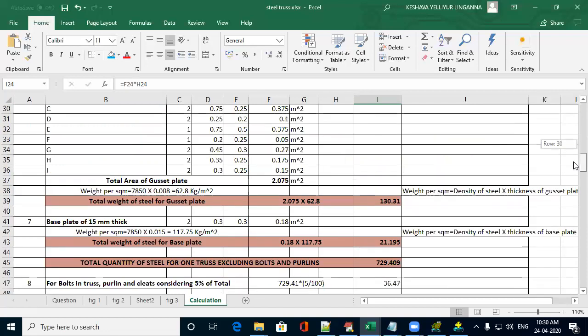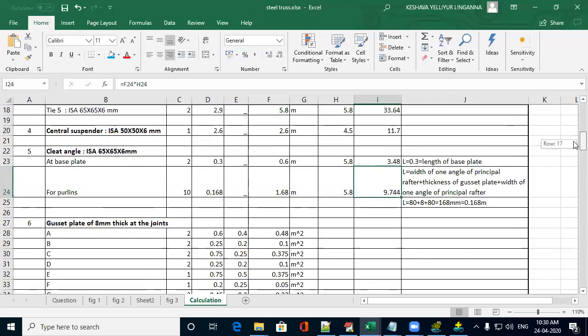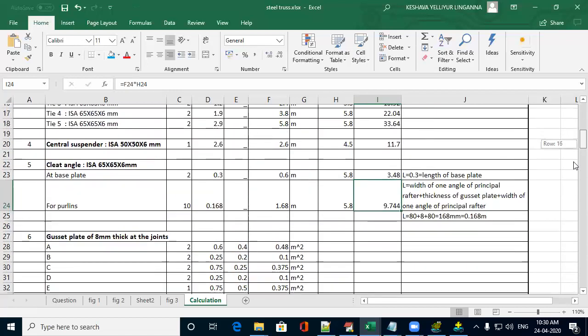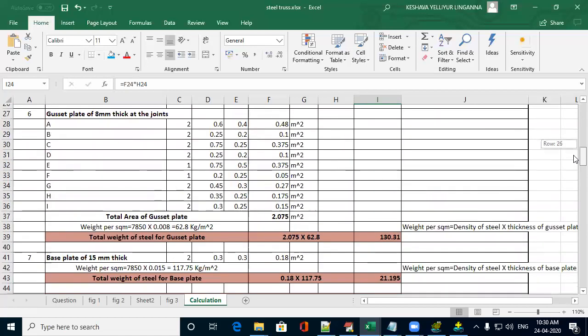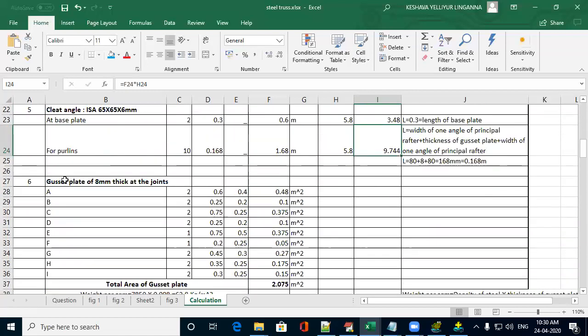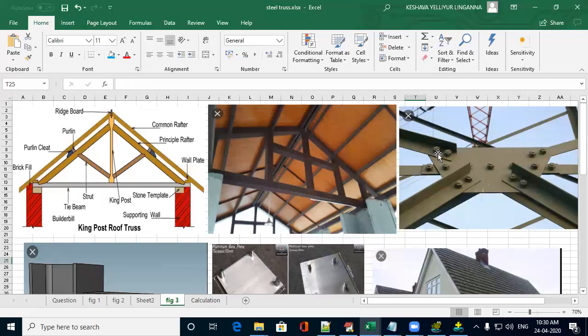Now, next thing is gusset plate. Gusset plate, as I have shown, I'll show it again. This is the gusset plate. We have to find the total area of the gusset plates used in a single truss.